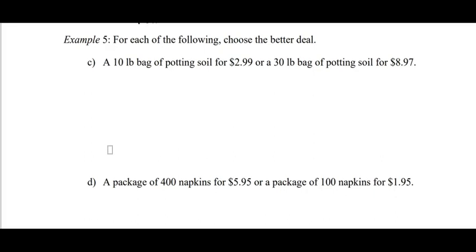So you would have to find the unit price and then compare which is a better deal based on your unit price. All right, so here we go. We'll have 10 pounds here, so it's $2.99 over 10. And then we have 8.97 over 30 pounds.